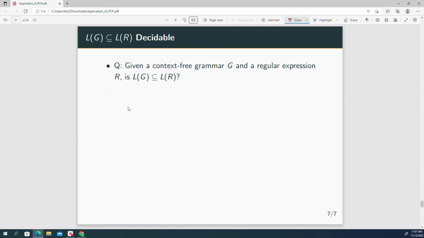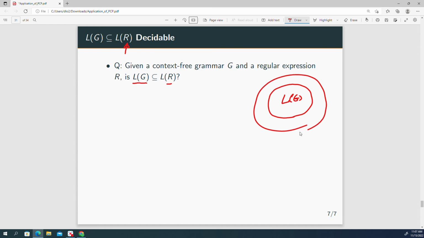Now if you flip G and R, now you put the R on the right side, and this is actually decidable. The reason is this: if you want to check if LG is a subset of LR, so here is LG, and this is LR, the outer circle is LR.